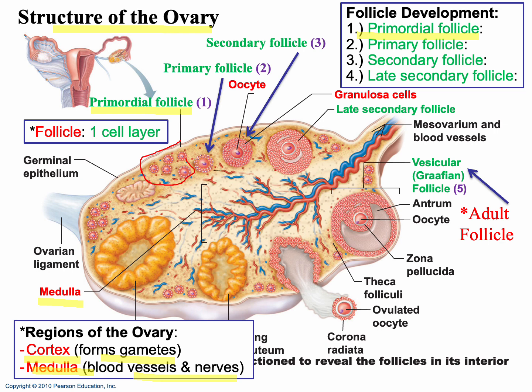Here you can see the primordial follicle. After that, they'll start to grow, and you'll have a primary follicle. And then eventually that will grow into a secondary follicle, and then eventually a late secondary follicle. Again, you can see that here.